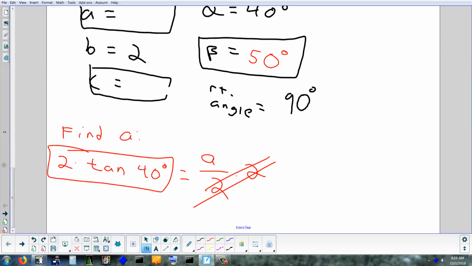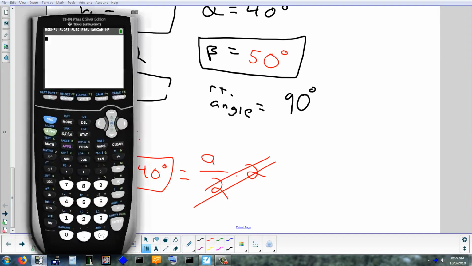Now, is this a degree or a radian problem? How do you know? Well, angles can be radians too. Yep. Look at the units. The degree symbol is on the 50 and the degree symbol is on the 40. So this is a degree problem.